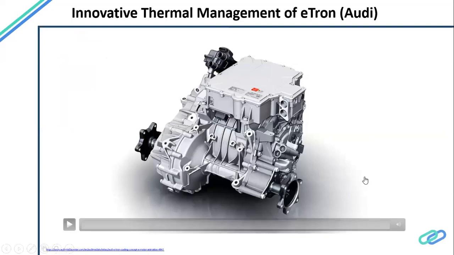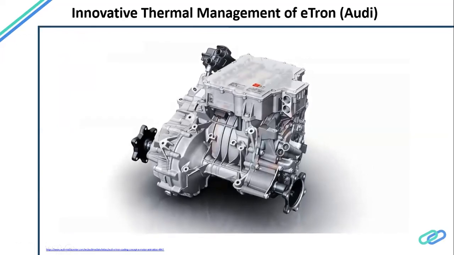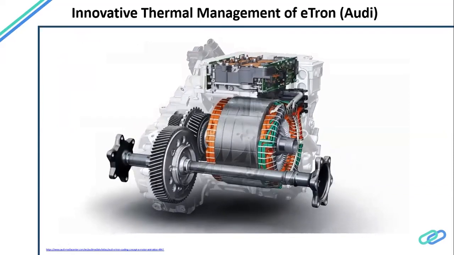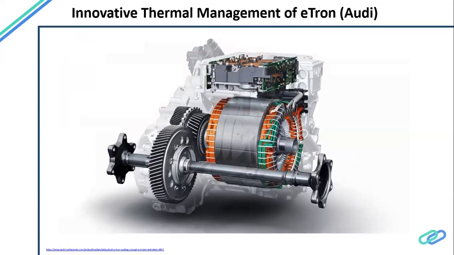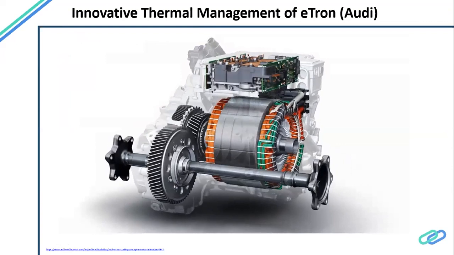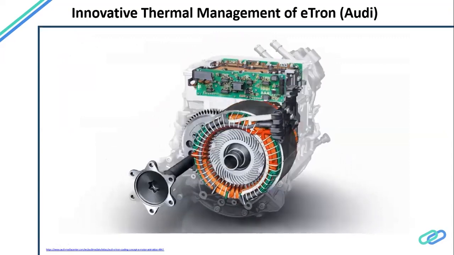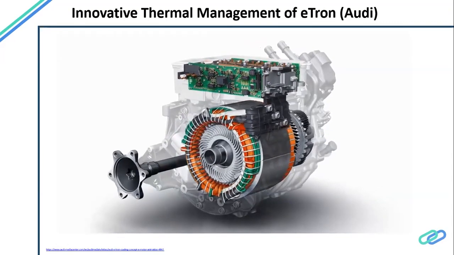You can see here one innovative thermal management introduced by Audi. It's a small animation that you can also Google and get. This is an open forum, and you can see how they have done the rotor cooling, which is the most difficult area to cool.